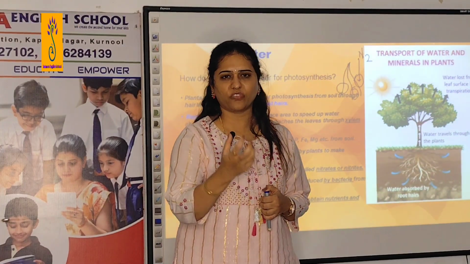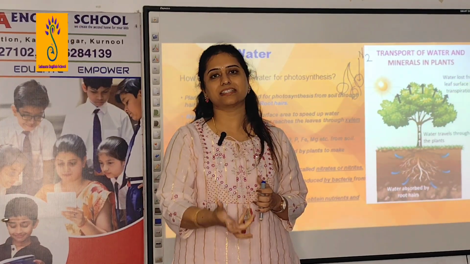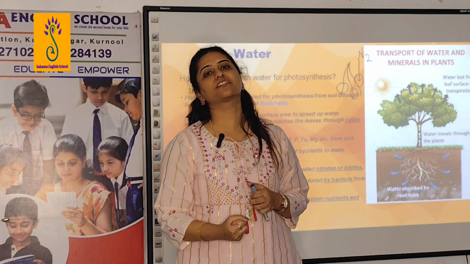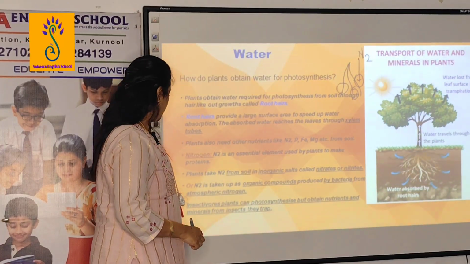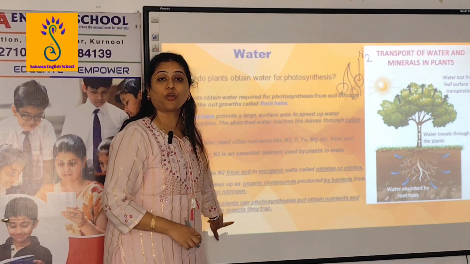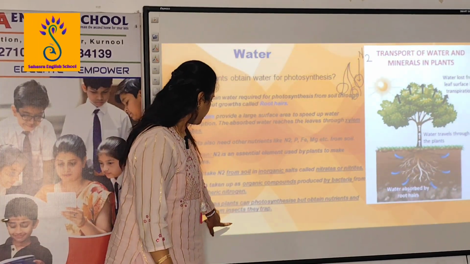For example, Venus flytrap, it gets its nutrients from the insects which it traps. This is about autotrophic nutrition. Hope you have understood this well.